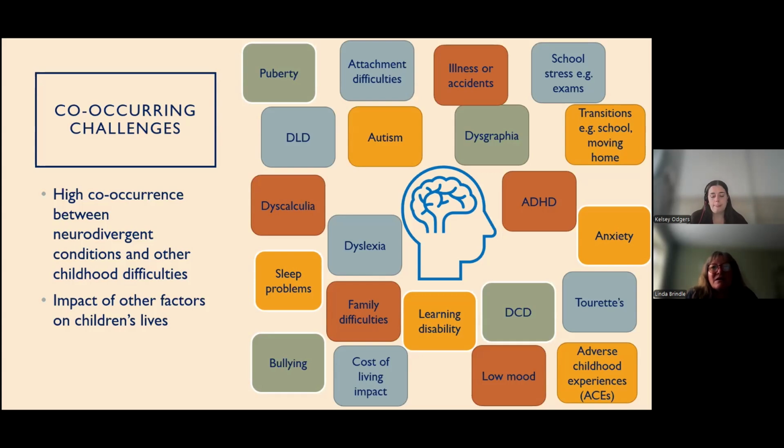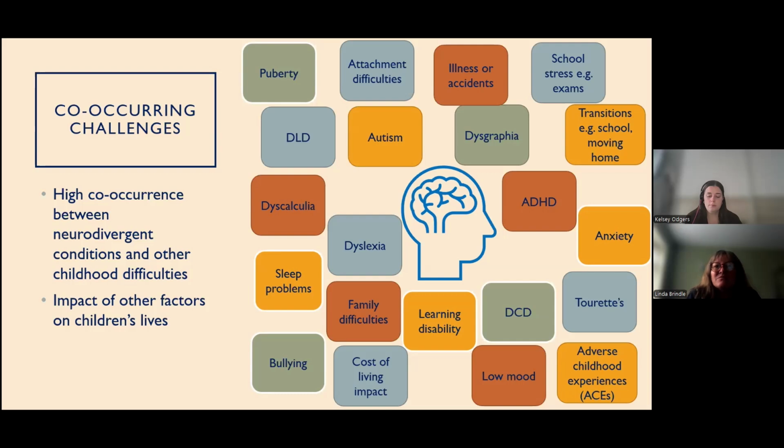Or at school a young person might be experiencing bullying or the stress and pressure around exams. We also know how much children can get affected when their bodies are changing, when they're going through puberty and adolescence. And of course, by other things like having an illness or an accidental injury.